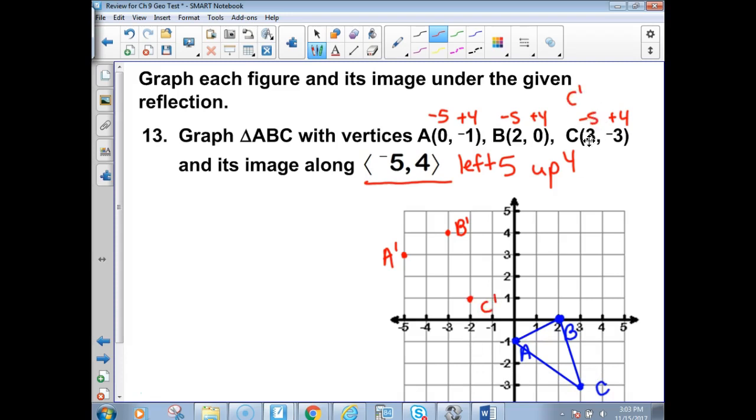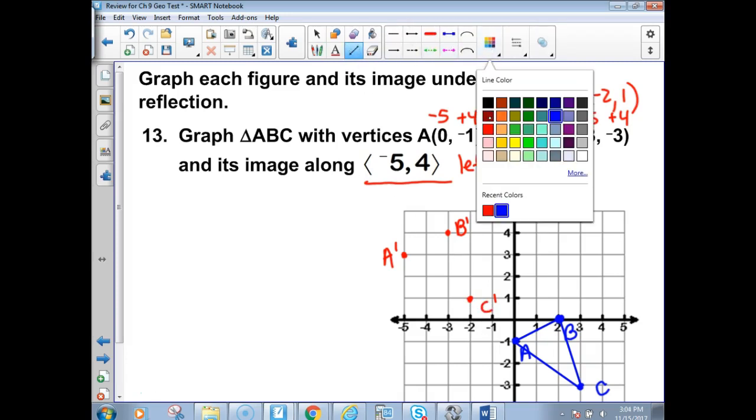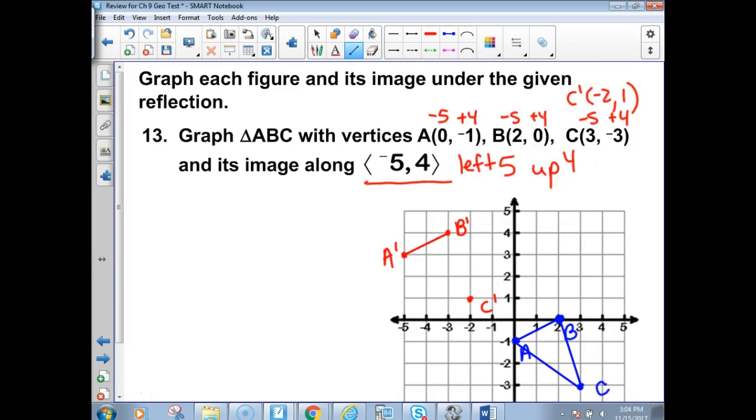C prime would be at 3 minus 5 is negative 2. Negative 3 plus 4 is 1. Are we at negative 2, 1? Yes, we are. All right, so I just want you to remember that you can add the vector values to the points and find the new coordinates.